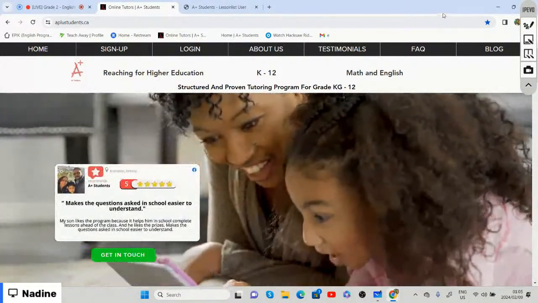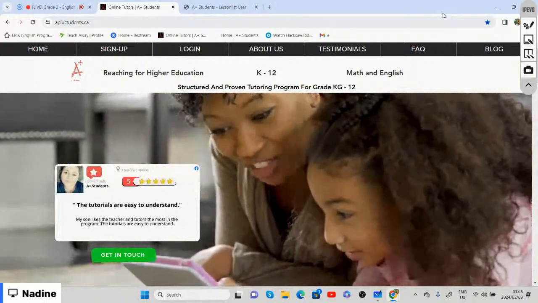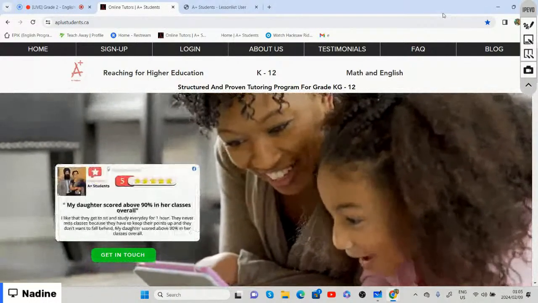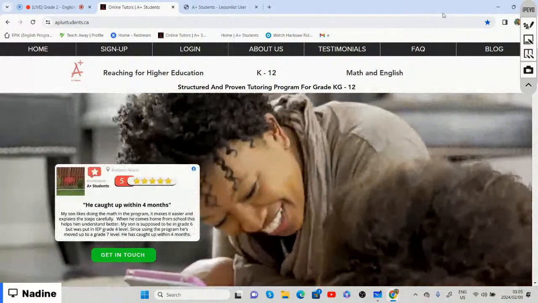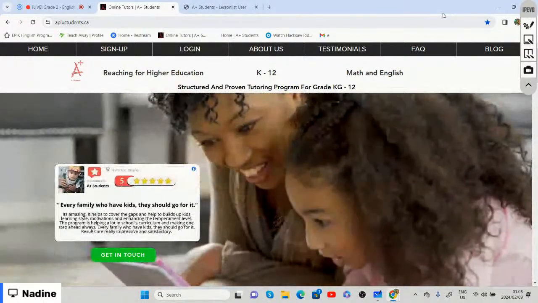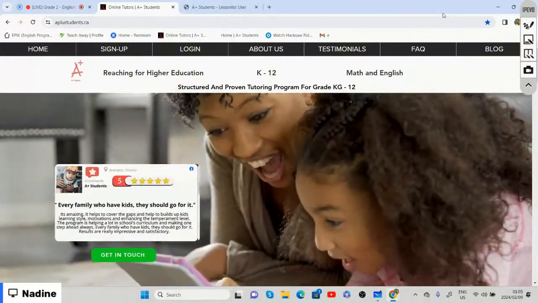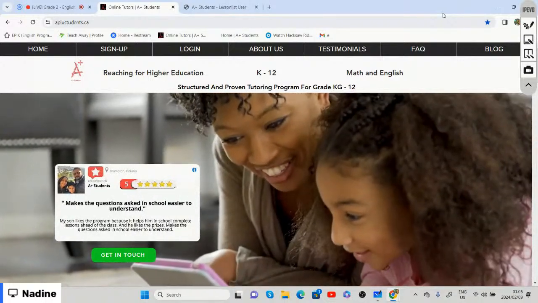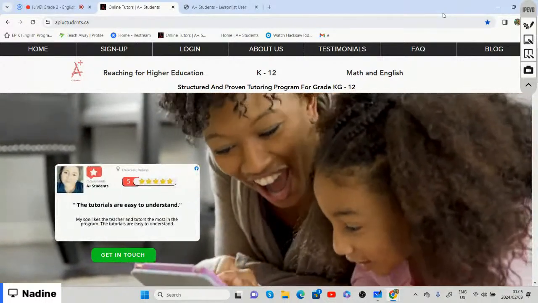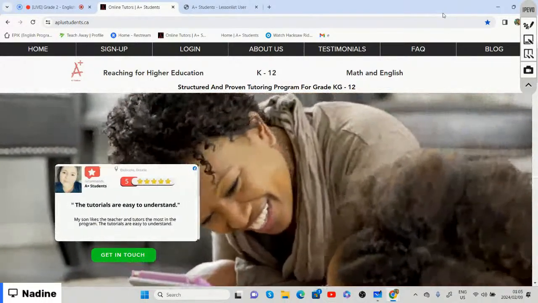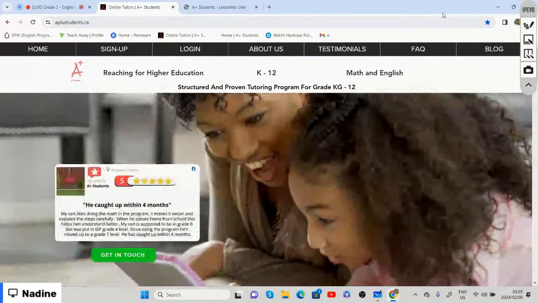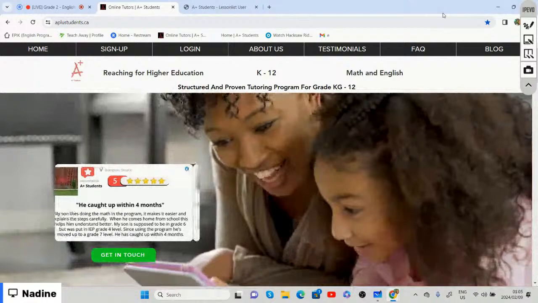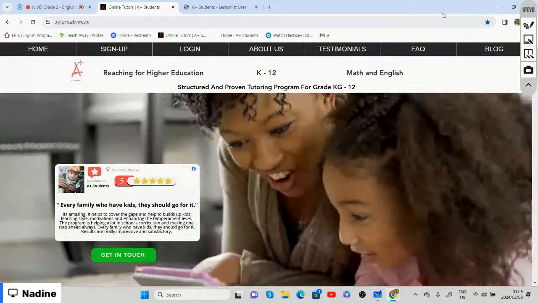Once we have logged in with our username and our password, we're going to select the subject of language arts, grade 2, and then scroll down until we get to the chapter of contractions.